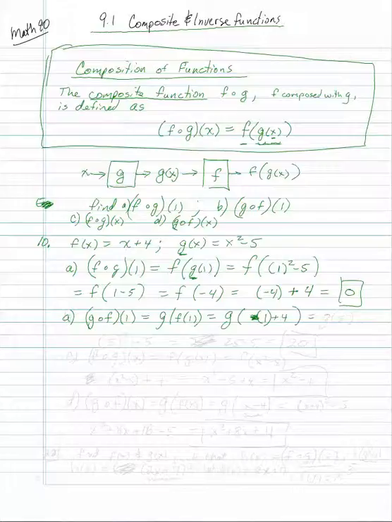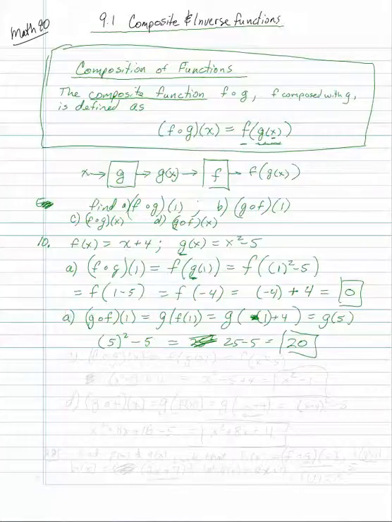So that's going to get us 5. 1 plus 4 is 5. Now we plug the 5 into the g function. The g function is x squared minus 5. So x in this case is 5. 25 minus 5 is 20. So g composed with f of 1 is 20.